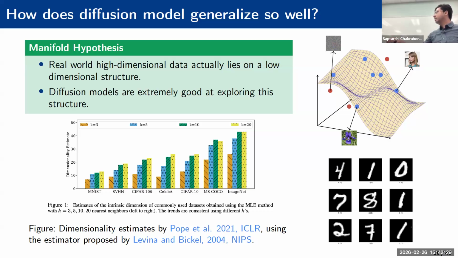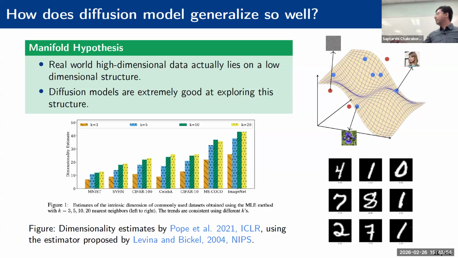So this was a study done by Pope and collaborators. They used a very classical estimator by Levina and Bickel, where they estimated the intrinsic data dimension through some spatial Poisson process estimator. But what they found out was that for different image data sets, this intrinsic data dimension, or the estimate of it, is quite smaller compared to the extrinsic data dimension.